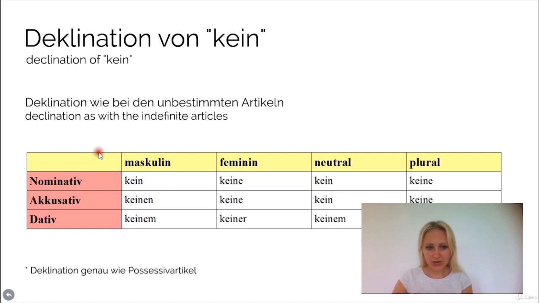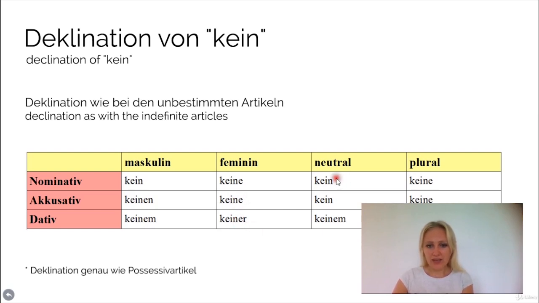In this chart, you have the masculine, feminine, neutral, and plural form, and the nominative, accusative, and dative case. For masculine, you use kein in the nominative, keinen in the accusative, and keinem in the dative. For feminine, nominative keine, accusative also keine, but in the dative it's keiner.